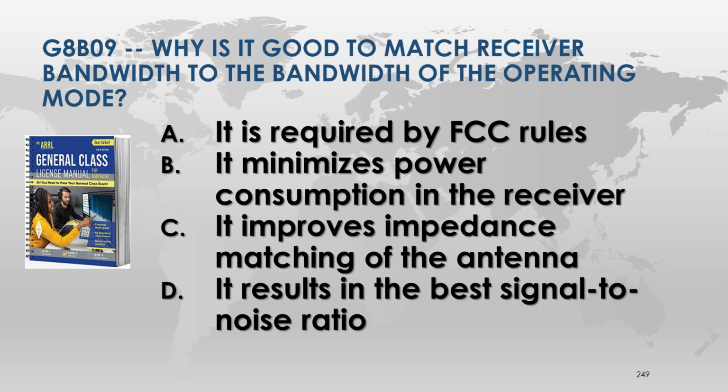Why is it good to match receiver bandwidth to the bandwidth of the operating mode? Delta. Is it required by the FCC rules? No. Who here's read the FCC rules? All of the ham related ones. Part 97 is actually a fairly easy read.